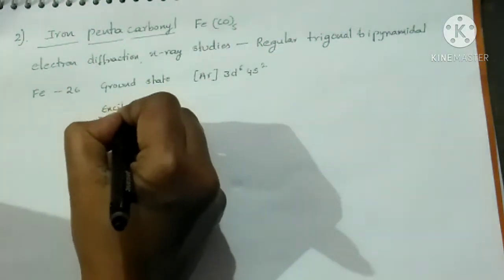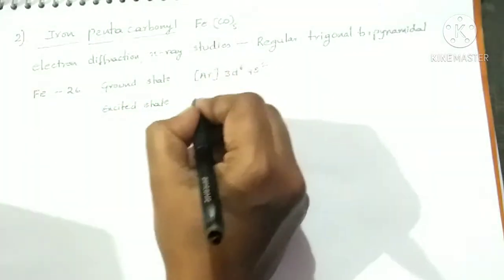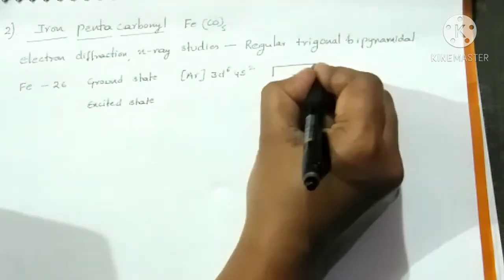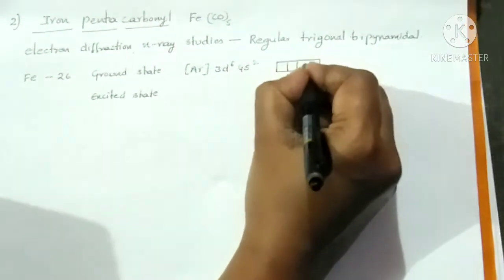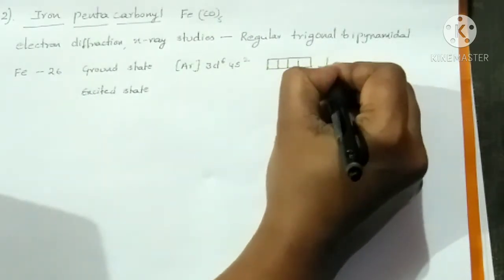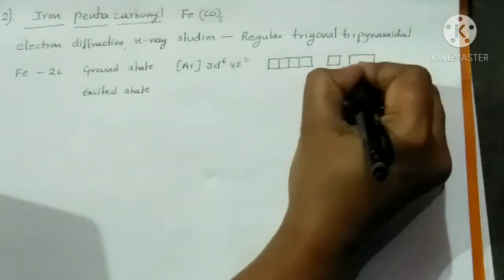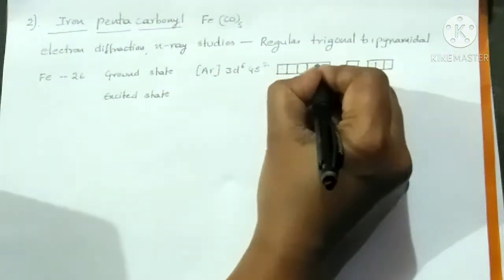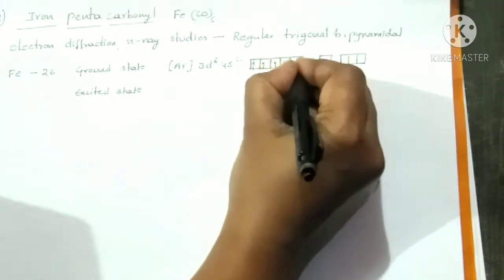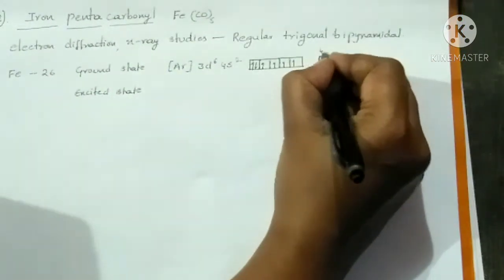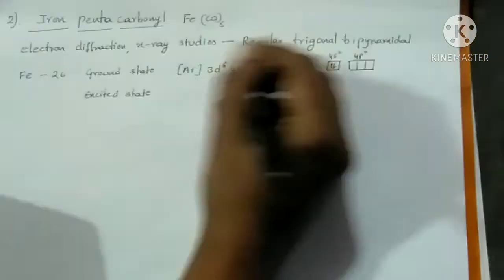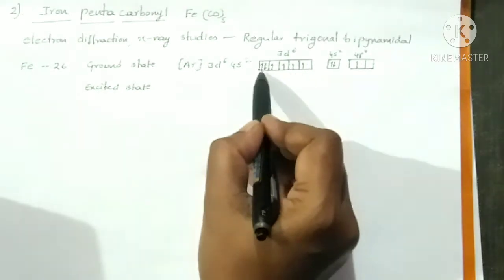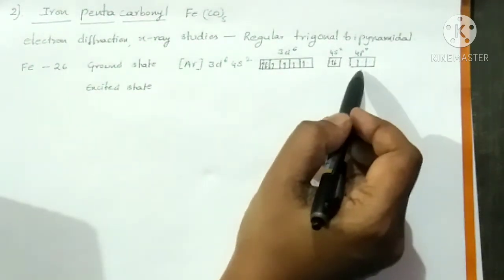In the ground state, the 3d orbital has 6 electrons with one pair, 4s has 2 electrons, and 4p is totally vacant.